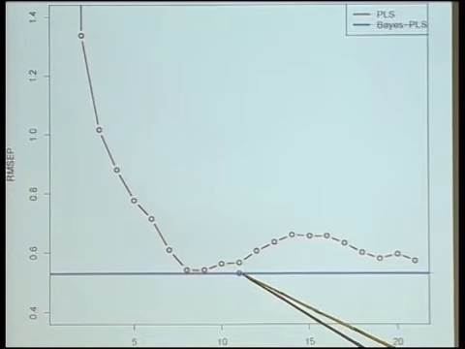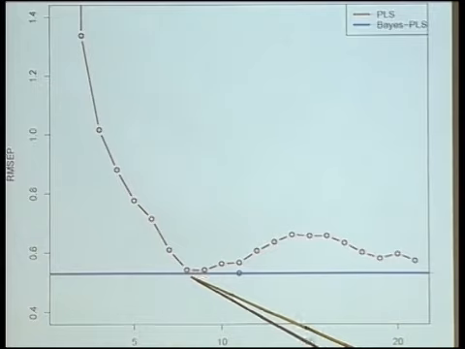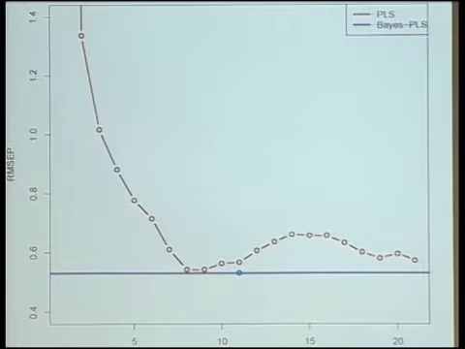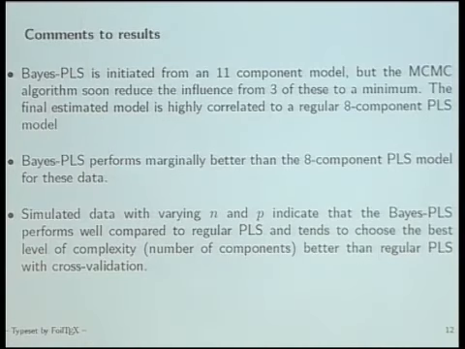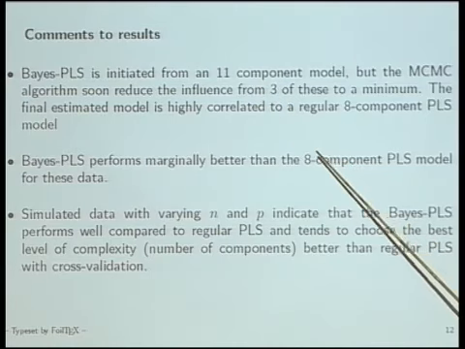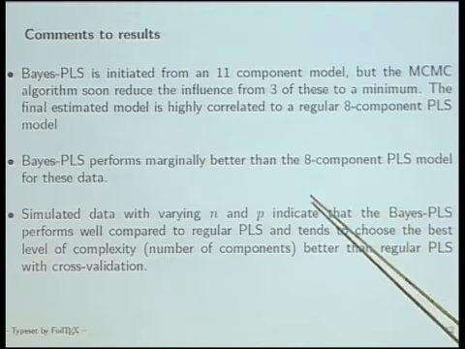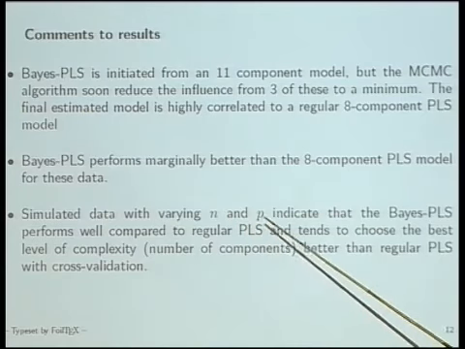And then it turns out that the algorithm deletes some of the components and ends up with a number of components equal to 8, which is the best according to the PLS. So the Bayes, we initiate from 11 components, but we reduce to 8 components. And the Bayes PLS performs marginally better than the 8-component PLS model for this data.